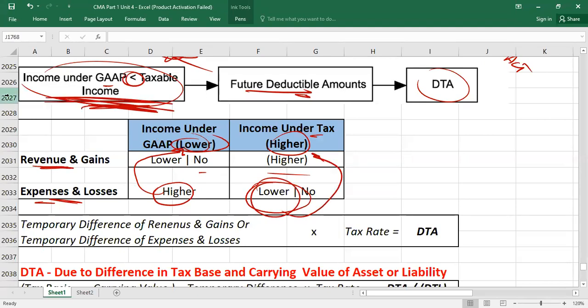What is the scenario? GAAP income is less than taxable income, and deferred tax asset will arise. And how will you calculate it? Just take the difference of these two values and multiply by the tax rate. You will get the deferred tax asset. You will book this deferred tax asset in the current year. It will be refunded over the future years. Right? So how would you do the calculation now?